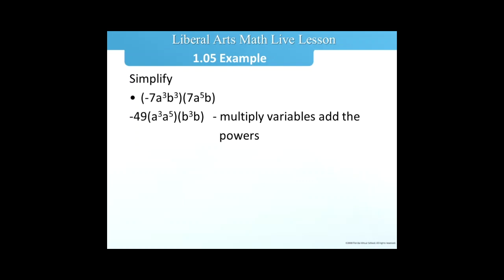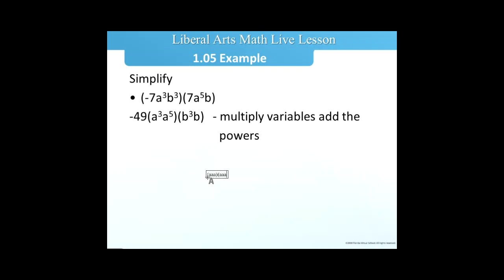Now the rule is whenever you multiply variables, you add those powers. Whenever you multiply variables, you add the powers. So if you get confused with that, because some students do, let's take a look at a to the third times a to the fifth. A to the third is 3 a's.